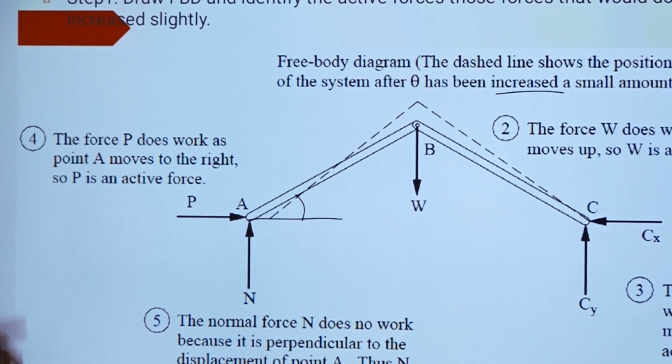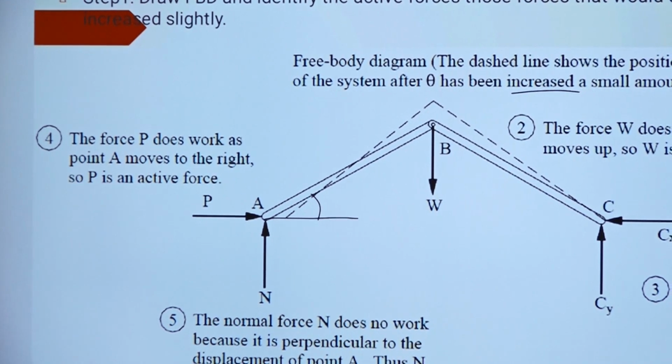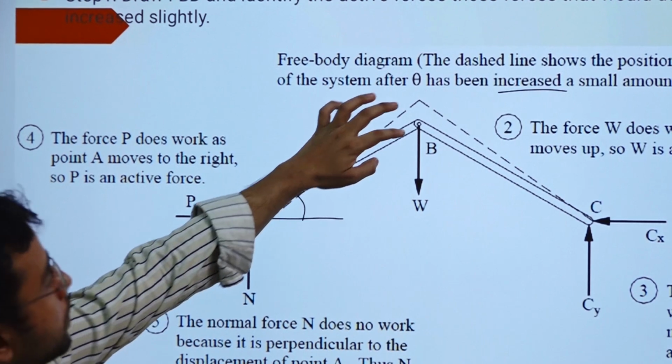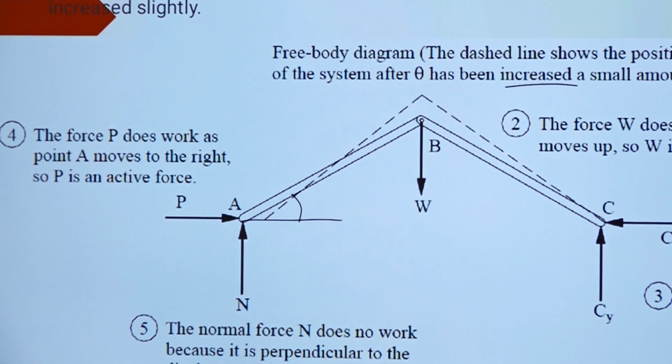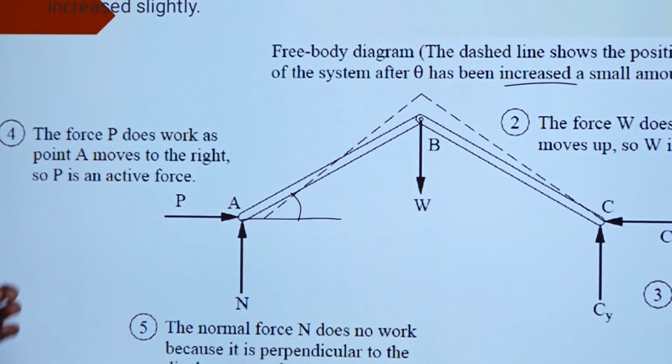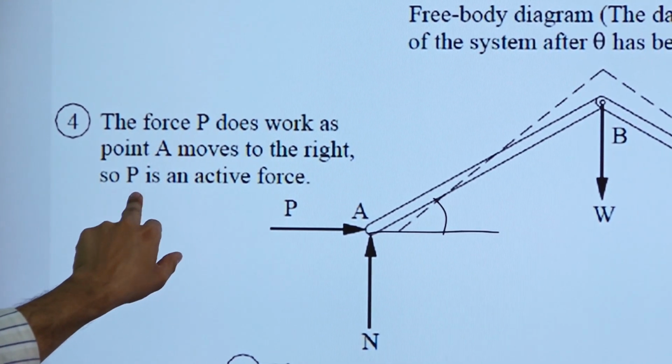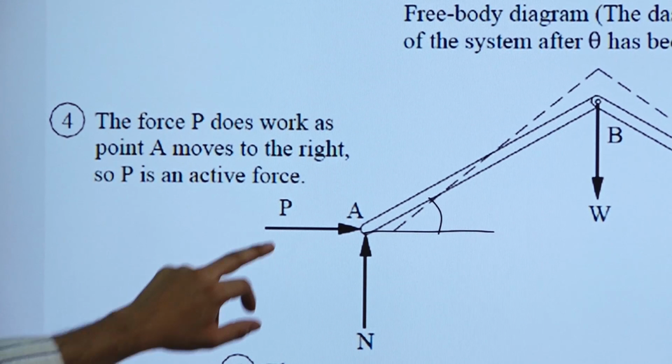The force W does work because point B moves up, so W is an active force. The force P does work as point A moves to the right, so P is an active force.